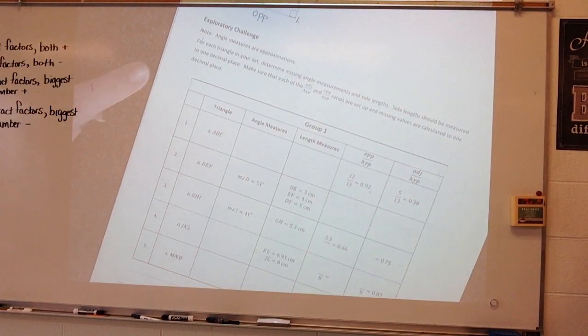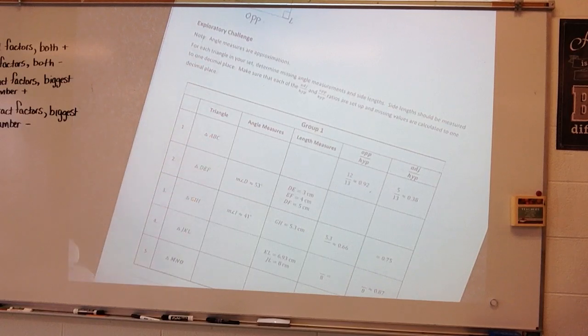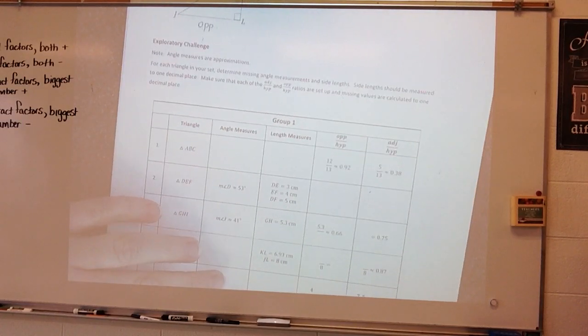It says the angle measures are approximations, that means they're not exact. For each triangle in your set, determine missing angle measurements and side lengths. Side lengths should be measured to 1 decimal place. Make sure that each of the adjacent over hypotenuse and opposite over hypotenuse ratios are set up and missing values are calculated to 1 decimal place.